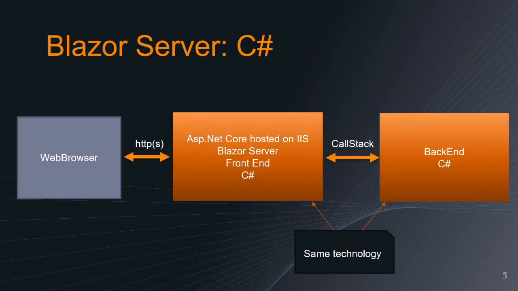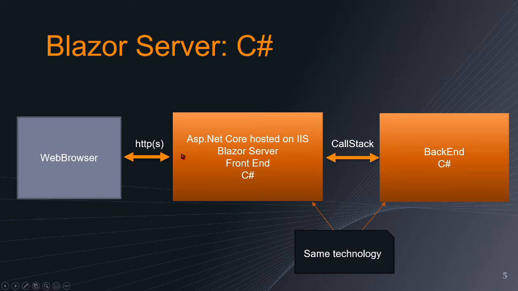The other thing that you should be aware of is, so this is another view. We have the web browser, which normally makes an HTTP request to a web server. The Blazor architecture is in C#. So you have the web server here, which is IIS, running a Blazor Server.